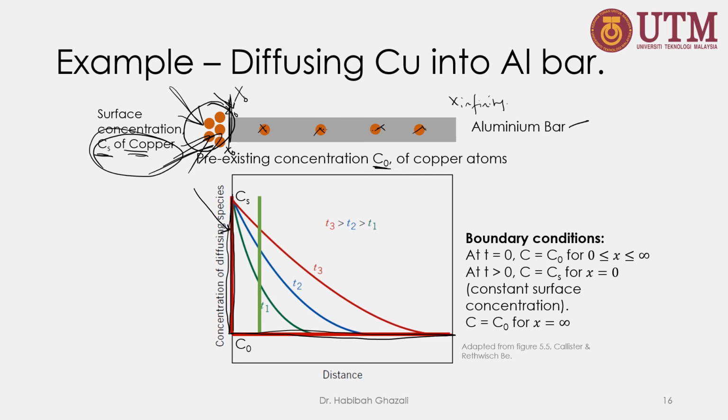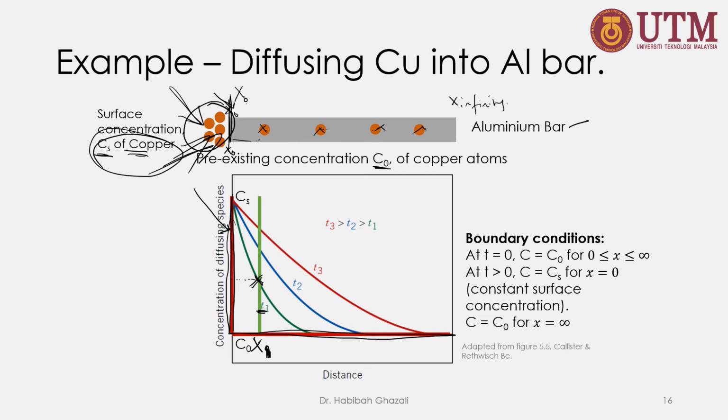Over time, what will happen is that if you look at position x, your experimental data will look like this. If you look at position x1, which is a certain position from the x0 position in this aluminum bar, over time the concentration of copper at that position at T1 will be at that concentration.